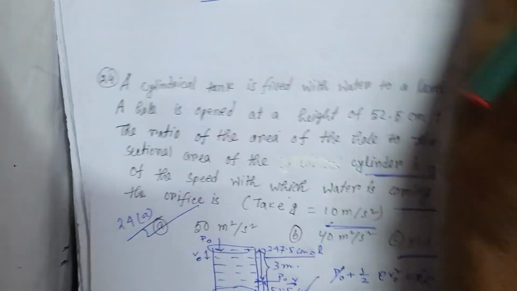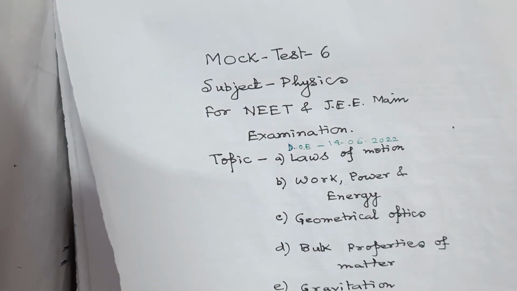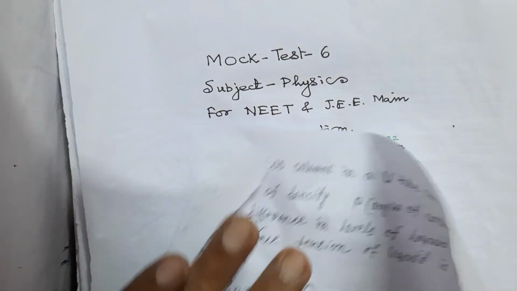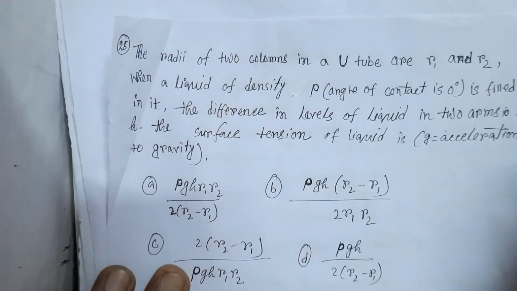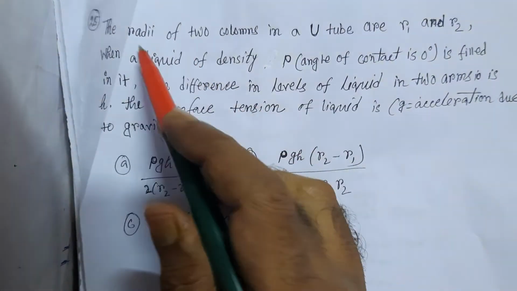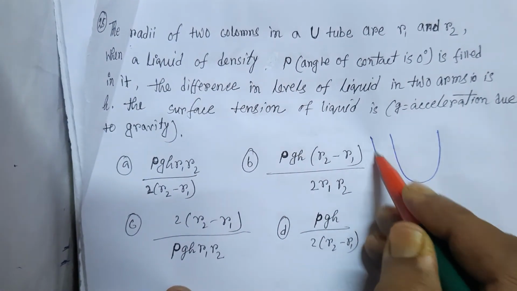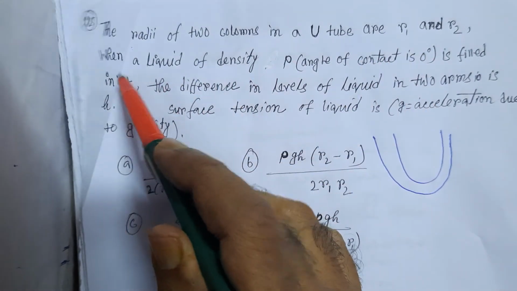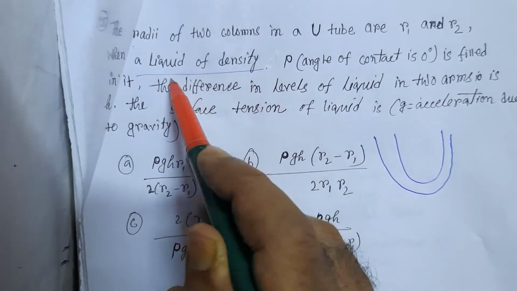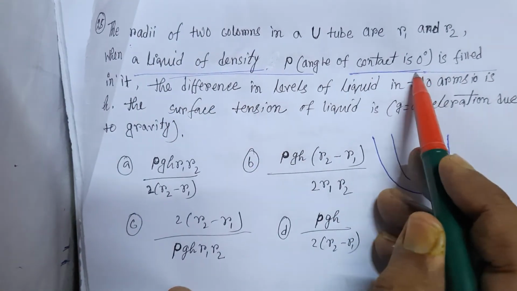Now let us take question number 25, the last question of part A. It is a surface tension related question. The radii of two columns in a U-tube are R1 and R2 respectively. So two columns of a U-tube having different radii are filled with a liquid of density rho, and the angle of contact is 0 degree.